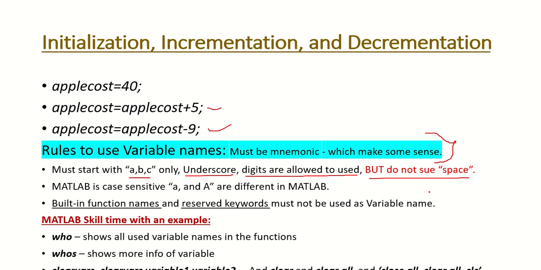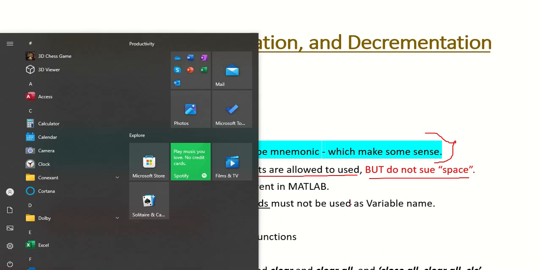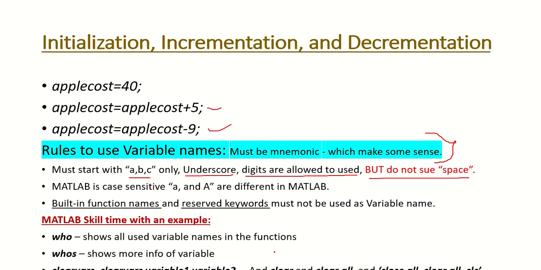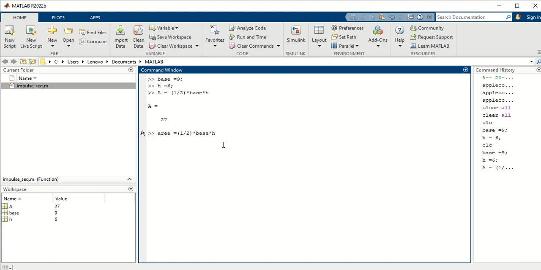But in writing variable names, space is definitely an issue. We should not use space in a variable name, but it is allowed to use underscore.